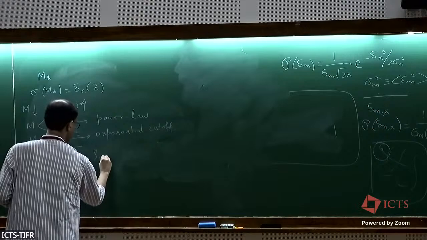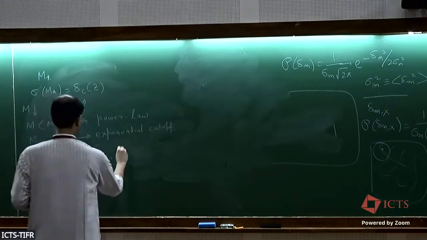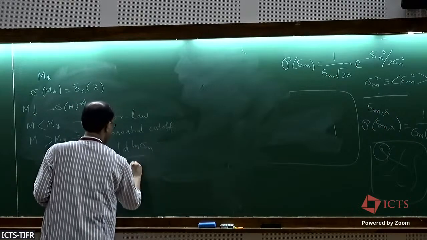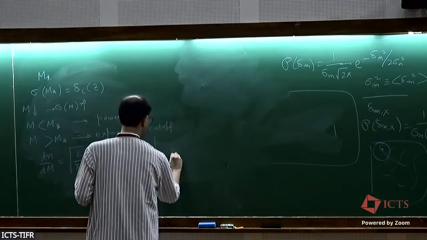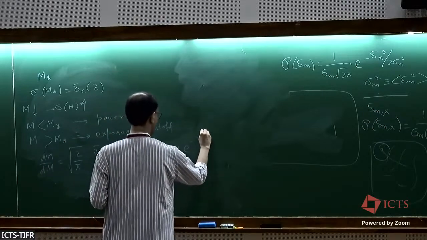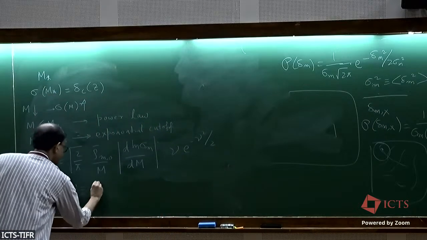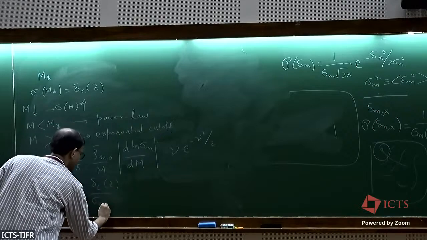The first part remains the same, rho by m, and then you put d ln sigma m dm, and then nu e to the minus nu square by 2, where nu is nothing but delta c z by sigma m.